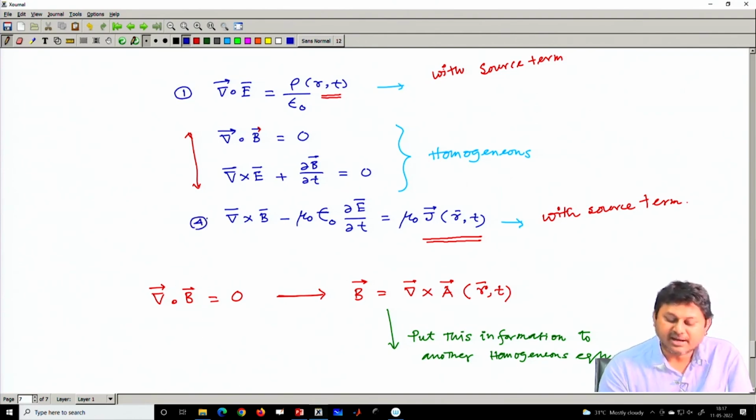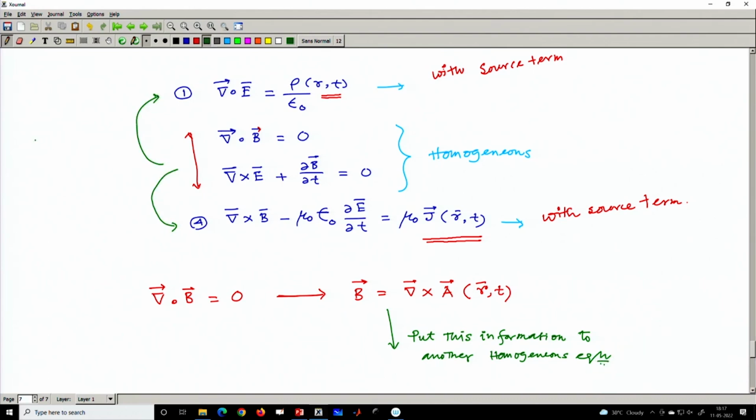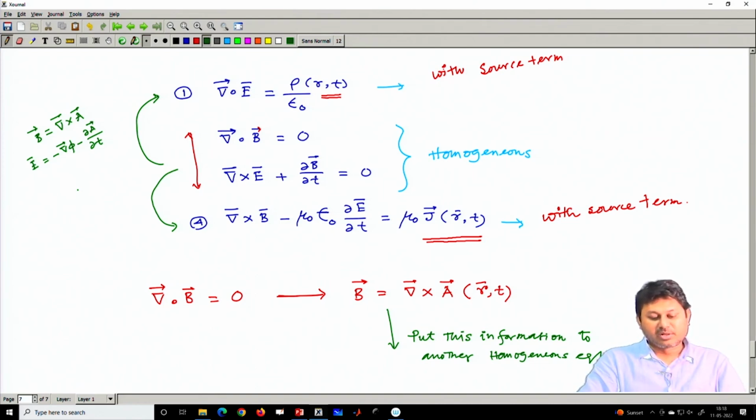The information we extracted, that B is curl of the vector field A, and E is minus the gradient of phi minus del A del t, we put in equations 1 and 4, and then we are going to check what we get from them.